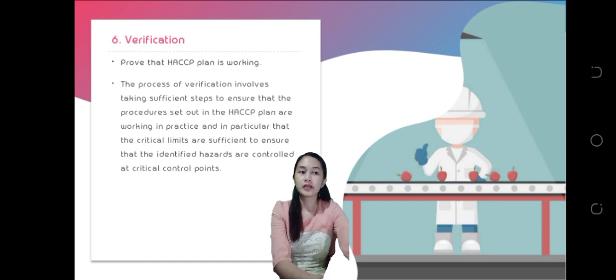The process of verification involves taking sufficient steps to ensure that the procedures set out in the HACCP plan are working in practice, and in particular that the critical limits are sufficient to ensure that the identified hazards are controlled at critical control points.